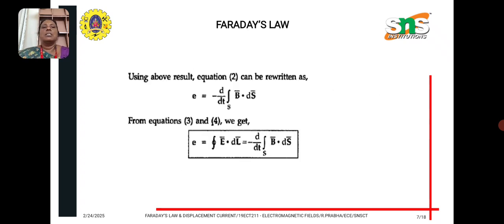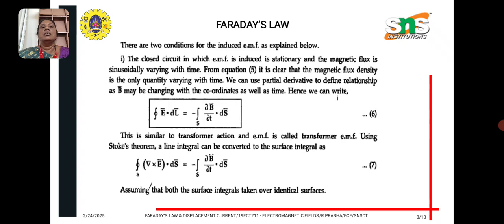By using this result we can write the EMF as E is equal to minus d by dt integral of B dot ds. So finally, combining the equations, we get the EMF equal to the integral over the closed path of E dot dl, or minus d by dt integral over the surface of B dot ds.